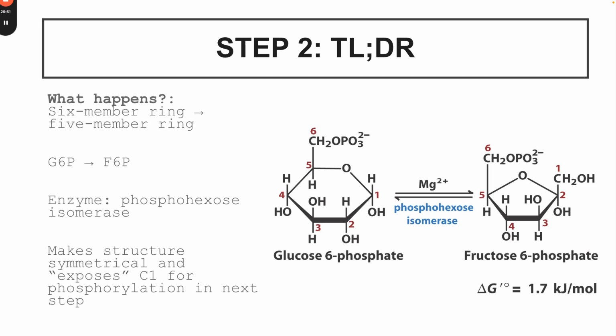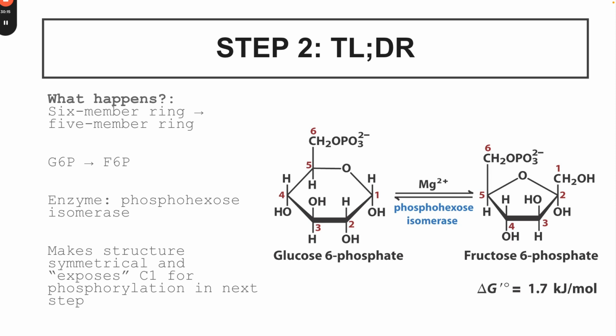Yeah. Switching isomers from 6-member. Yeah, exactly. So isomerase, that enzyme name is typically when you're changing isomer forms. So we're not adding anything, we're not removing anything, but we're changing from a 6-member ring to a 5-member ring. So isomerase, if you want to memorize it, just know it changed isomeric forms.